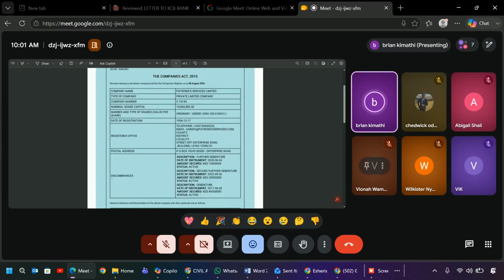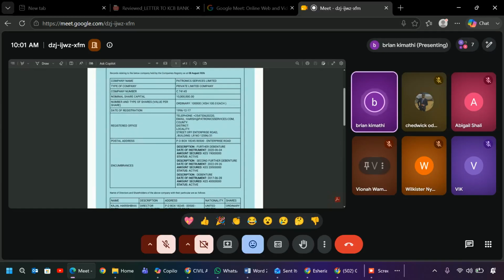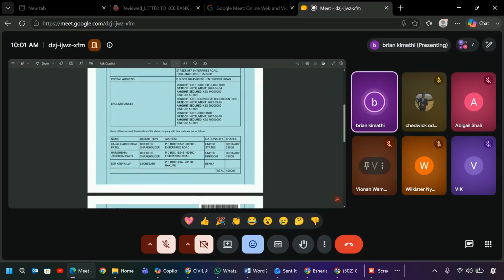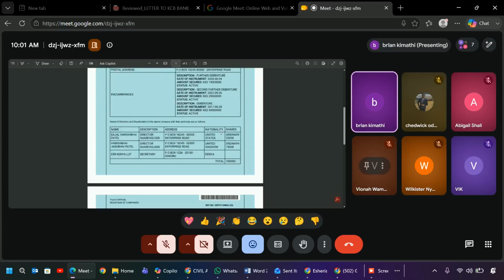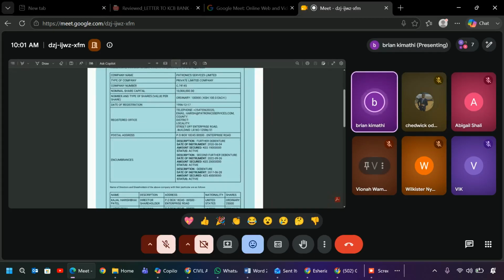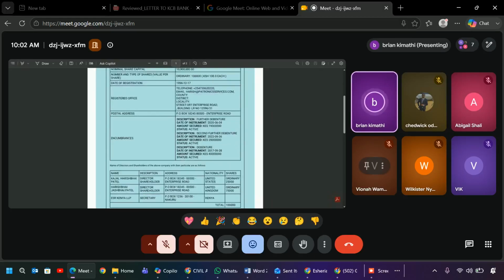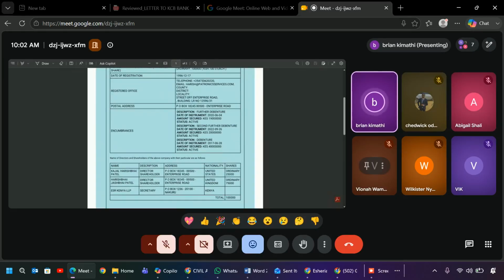So, for example, if we want to see Safaricom right now, we just pay 600 shillings and we see who are the owners. We want to see the owners of which company, we just pay 600 shillings, we see. This is public information. So it captures company name, type of company, number, nominal share capital, date of registration, office, postal address, encumbrances section, debentures, charges, and such.